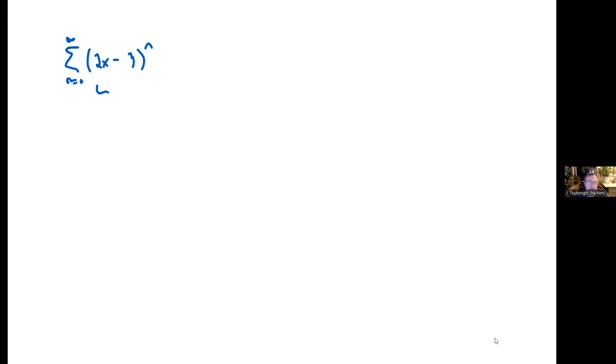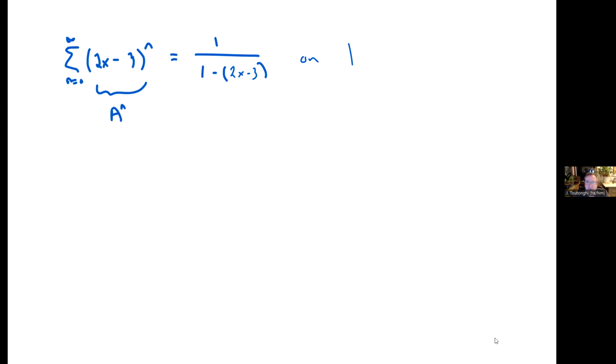So we can then say, okay, this equals 1 over 1 minus all of that. The all of that is the 2x minus 3. It's like this pen is a little bit too thick. Okay. 1 minus, there we go, 2x minus 3. And that converges on the absolute value of whatever's inside those parentheses is less than 1.